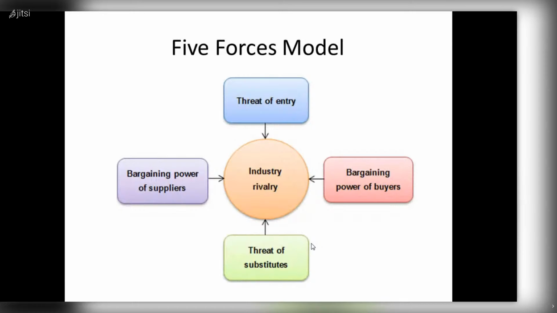So this is all about the first and foremost force of Michael E. Porter, that is threat of new entrants.